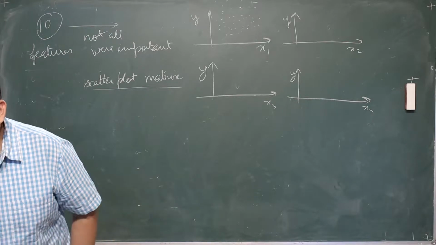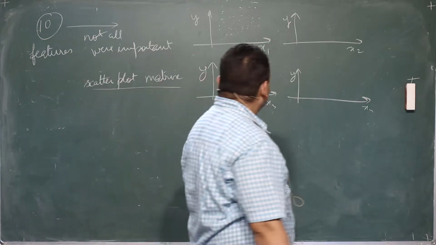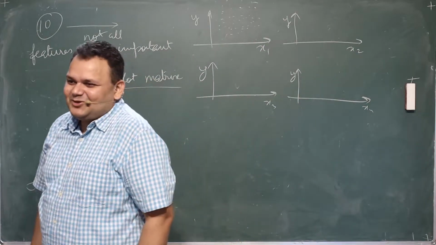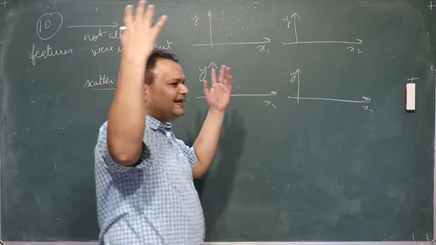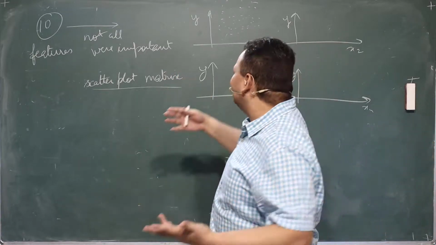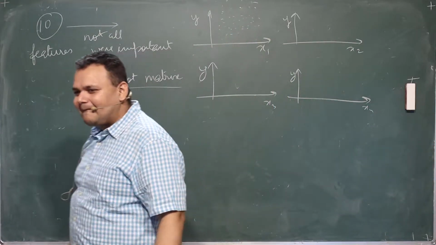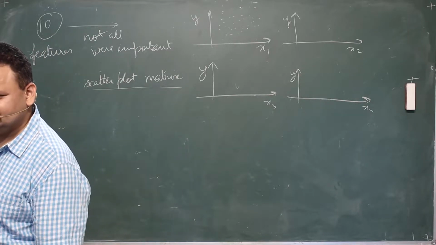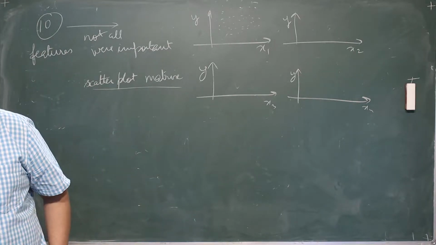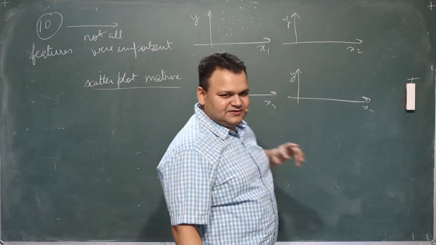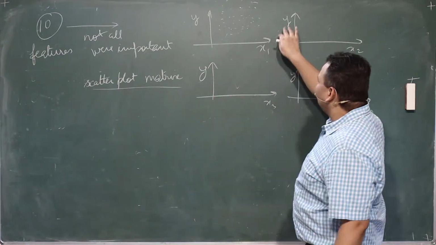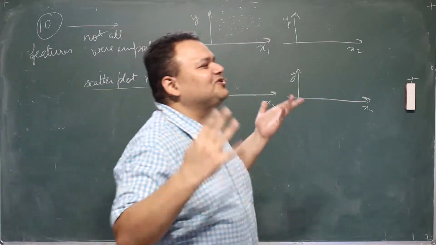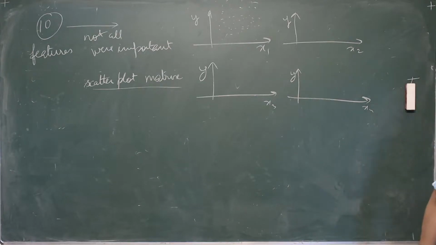Yes, sir. Okay. So what do you think? Is y dependent on x1? Do you think we should include x1 in our final model that we create? Should we include x1 or should we not? Let us forget about everything else for now. Let us only think about whether x1 should be included in the final model for predicting housing prices or not. That is my question.